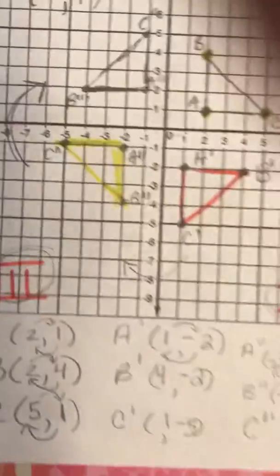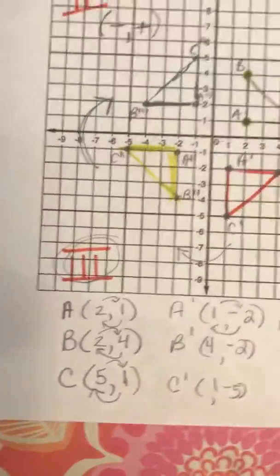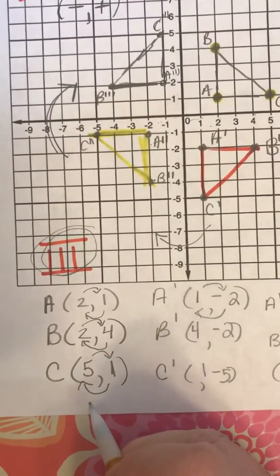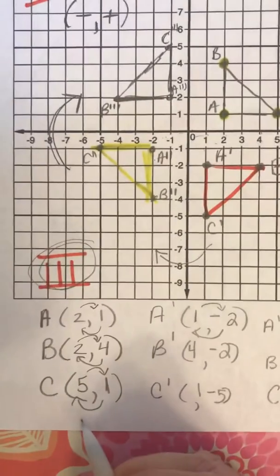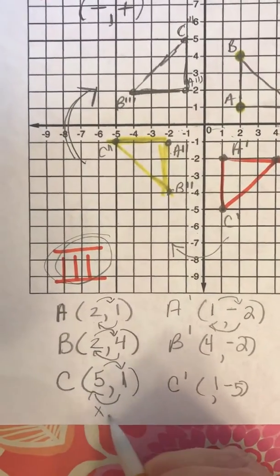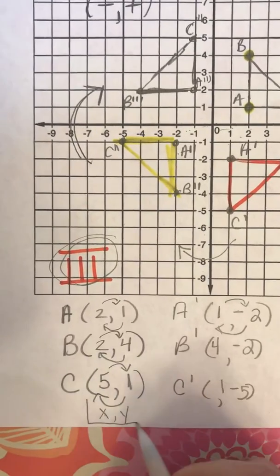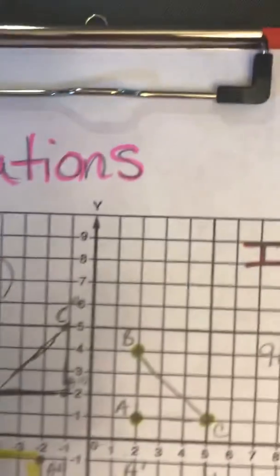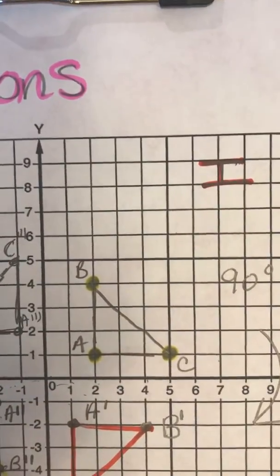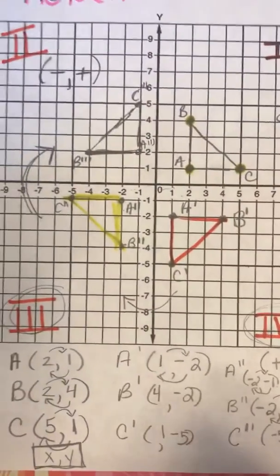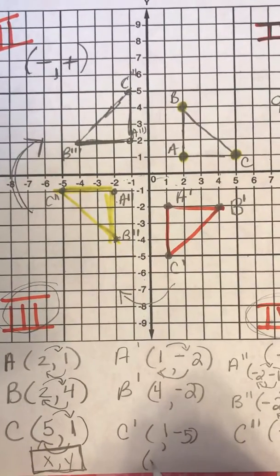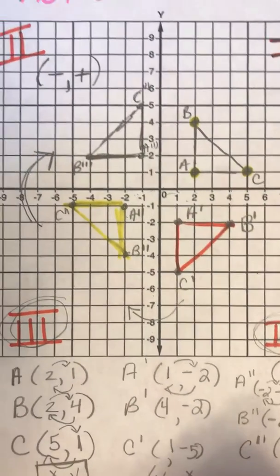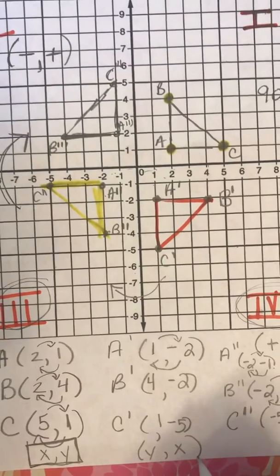Now, Mrs. Bruns is going to give you a rule sheet, and when you see that rule sheet, what you're going to notice is that here, the original points are (x, y). Okay, so those were my starting points. In quadrant 1, (x, y). Then, remember, I switched the y and the x, right?